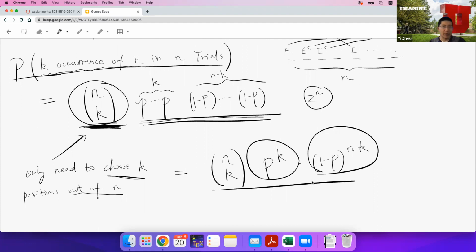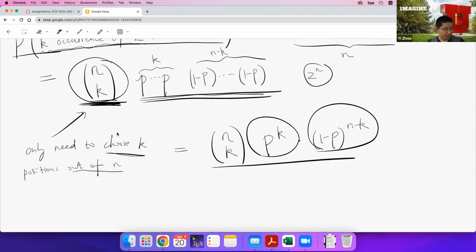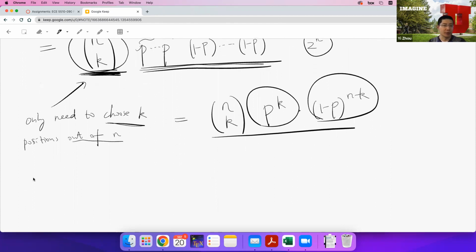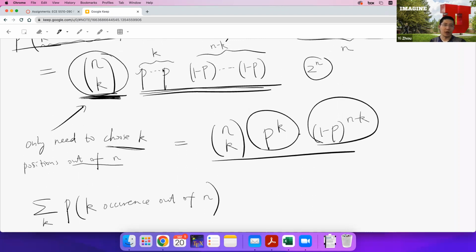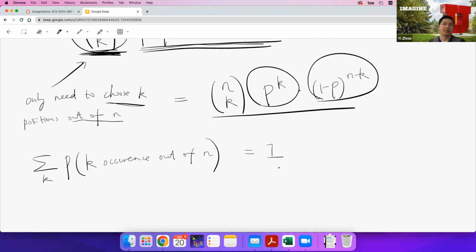And you can actually verify that this is a proper distribution, because if you sum this probability over K, you get exactly 1.